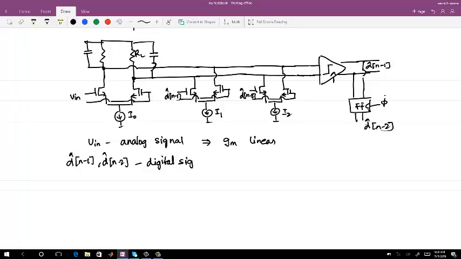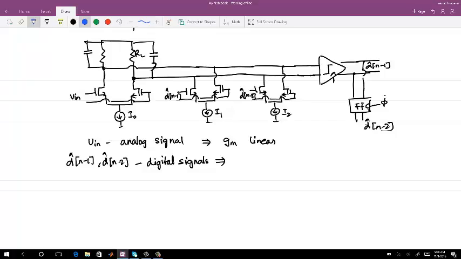If they are digital signals, what will they do to the current I1? Can you comment? It will just steer the current in these nodes. If it is just steering the current, do we need a linear block there? No, right?